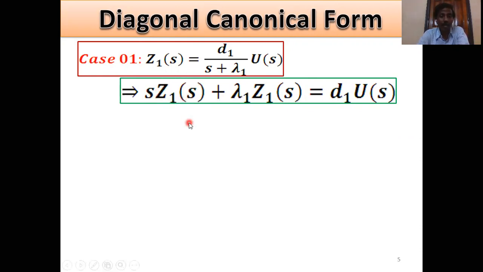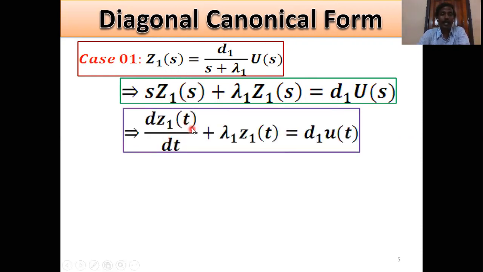So taking inverse Laplace transform, we get dz1(t) by dt plus lambda 1 z1(t) equals d1 into u(t). This is the inverse Laplace transform of the equation.